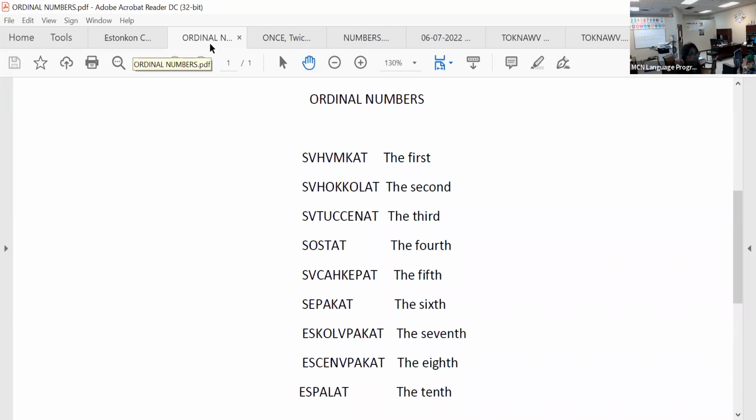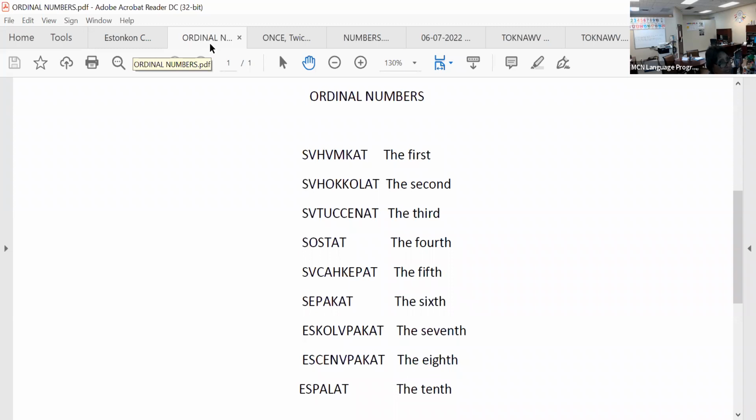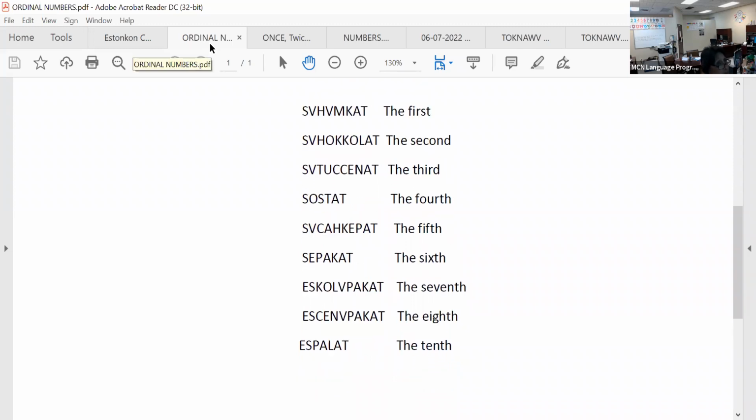If you notice, on the first, second, third, we added something to make it first, second, and third. Then the 5th, we did that. This one is solstat. We just kind of added that to it. This is your ordinal numbers. You can go higher than this, but we don't usually. In our Mvskoke world, usually we just go to the 4th ordinal number.